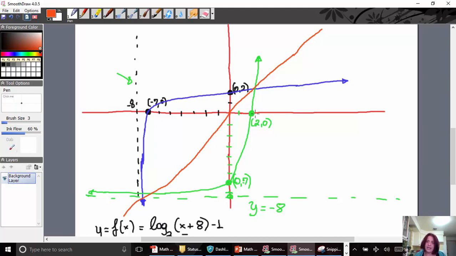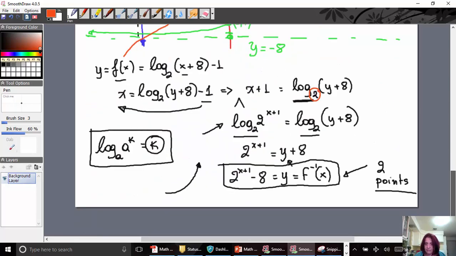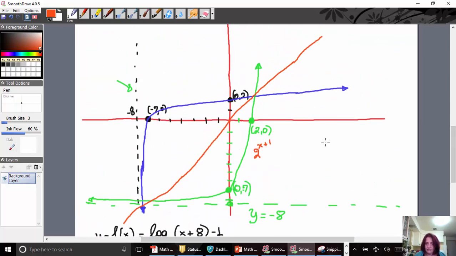So, as you can see, the green line that expresses my exponential function, 2 to the x plus 1 minus 8, is symmetrical to the blue line, that is the log with base 2 of x plus 8 minus 1, and those two functions are inverse of each other.